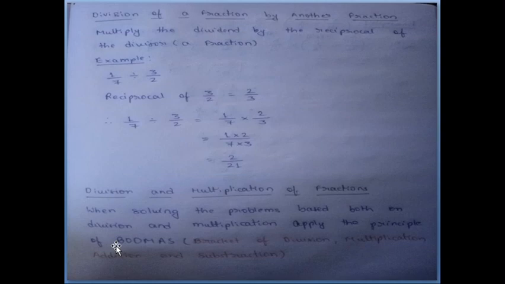When we have to perform division and multiplication both together, at that time we have to apply the rule of BODMAS, which we have done earlier, and the full form of BODMAS is Bracket, Of, Division, Multiplication, Addition and Subtraction. So here addition and subtraction are not given, only division and multiplication. So while performing, we will first do the division and then the multiplication.